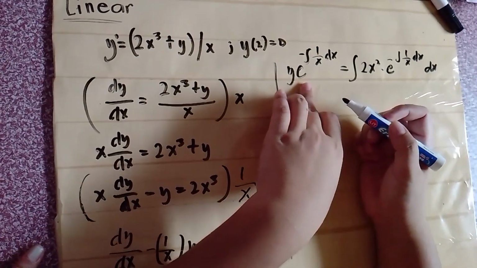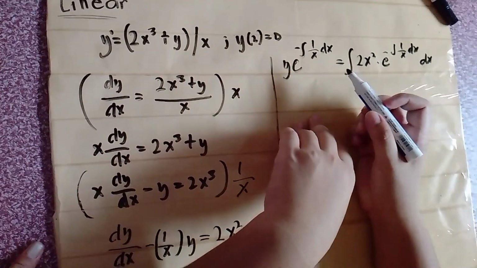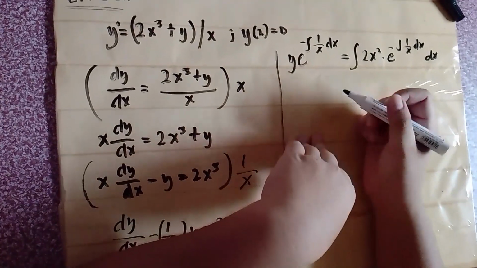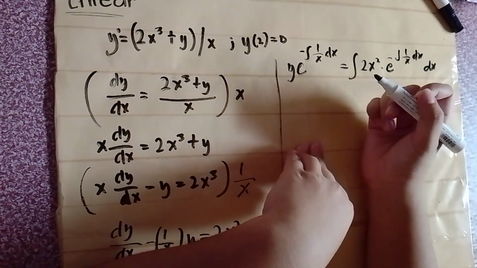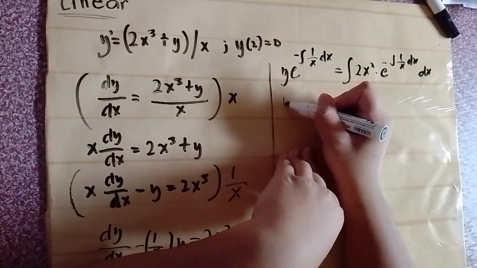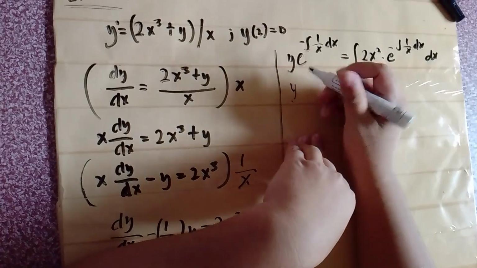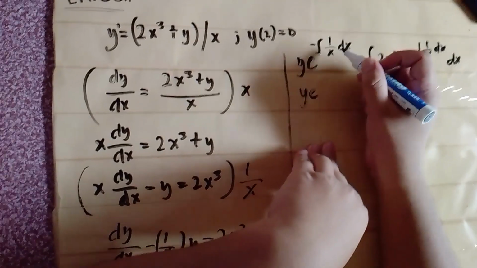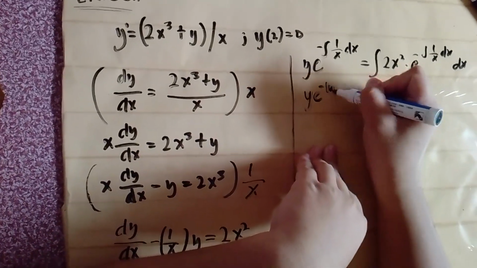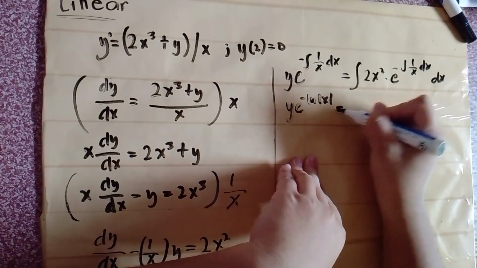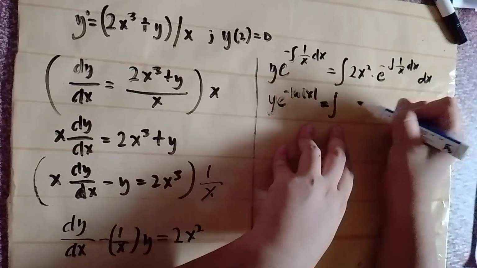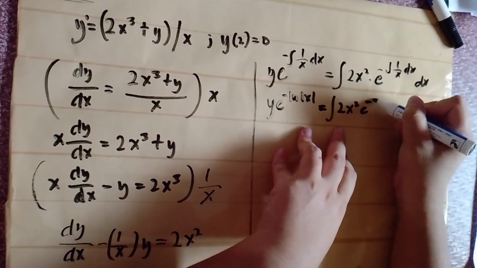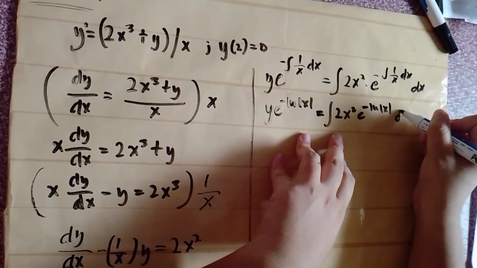So our exponential raised to negative integral of 1 over x dx, so it is simply y e raised to negative ln of x, since the integral of 1 over x is simply ln of x, is equal to the integral of 2x squared times e raised to negative ln of x dx.